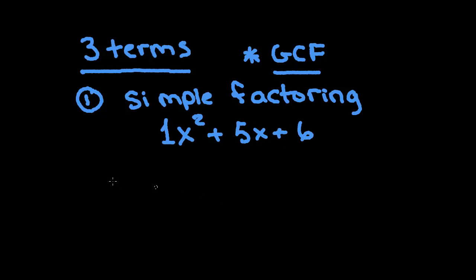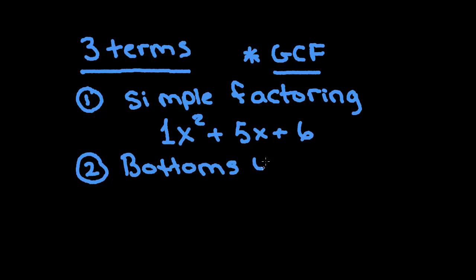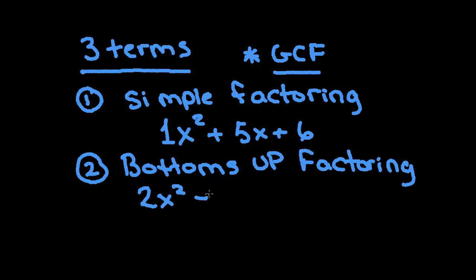Something like that. And you know how to factor that. A second example is where you would use bottoms up, and we have a video on how to do that. So bottoms up factoring, and that is used when your leading coefficient is not 1. Something like 2x squared minus 13x plus 20.